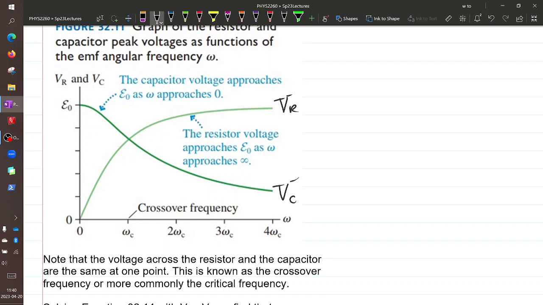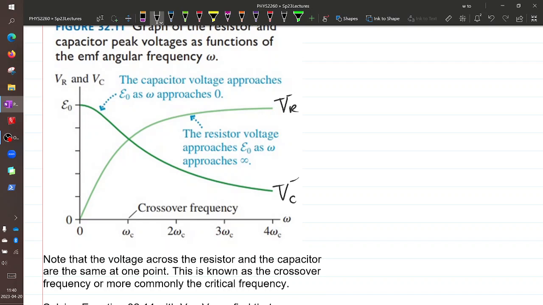But as it goes to infinity, it doesn't go to infinity, it goes to whatever the battery source amplitude is. The opposite happens with the capacitor, where at omega equal to 0, you have the same peak value as the alternating current source, but as you go to infinity, it actually goes to 0. We didn't map this out far enough, but it does go to 0.